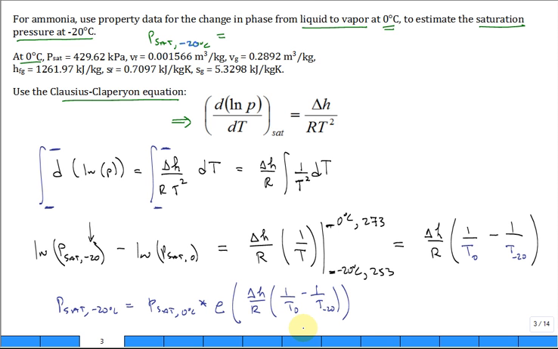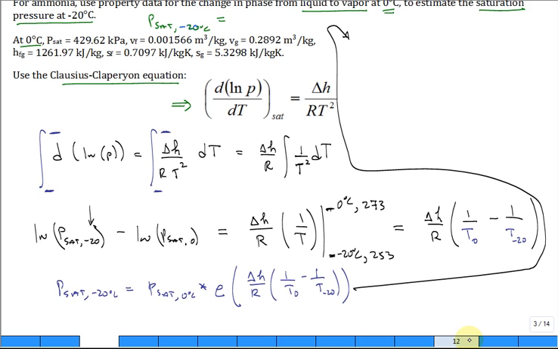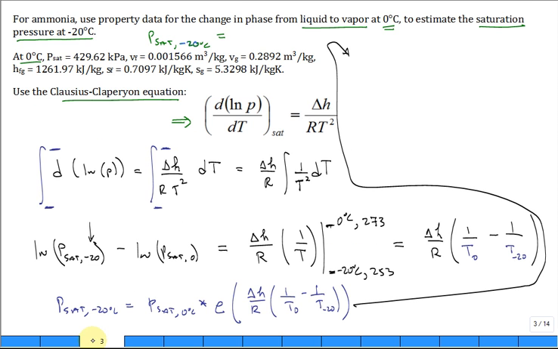I shouldn't have put those 273 here. I ran out of room, but take it up right here. Oh, shifted it. There we go.